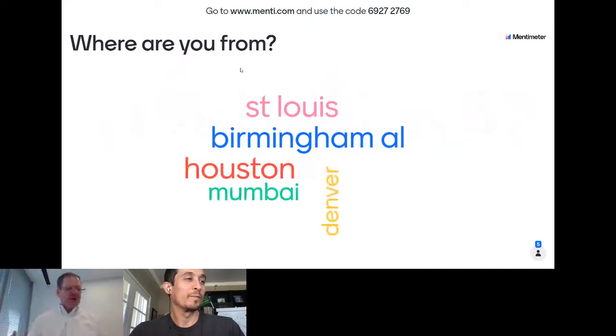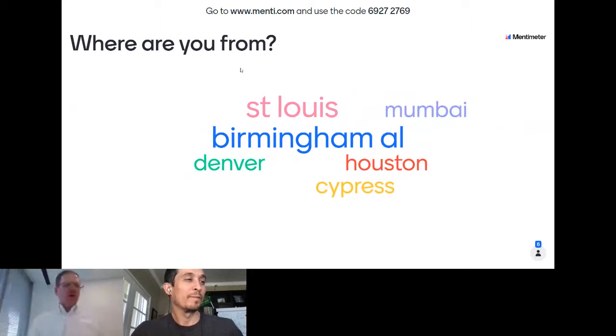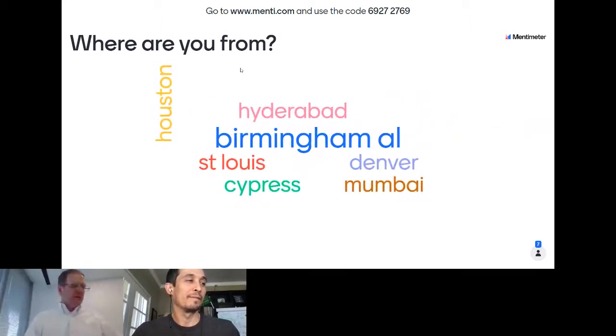So we just thought it'd be really interesting, given that we're hosting this meeting virtually, just to get an idea of where all around the world we are seeing folks. So we've got some Houston folks, it looks like, but we've got some Birmingham. Okay, this is great. It looks like we've got people from all across the world joining us today.